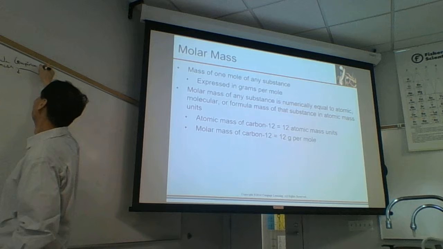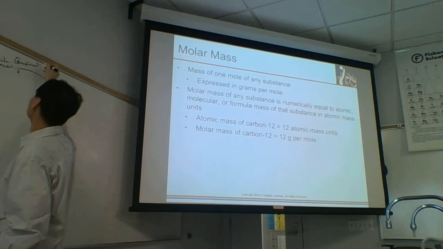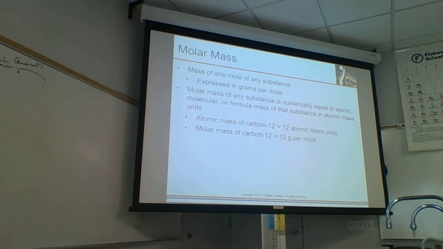Empirical has two definitions. In chemistry, what are the two definitions for empirical? I mentioned them in the past before, but one is based on observation. And what was the second definition of empirical?